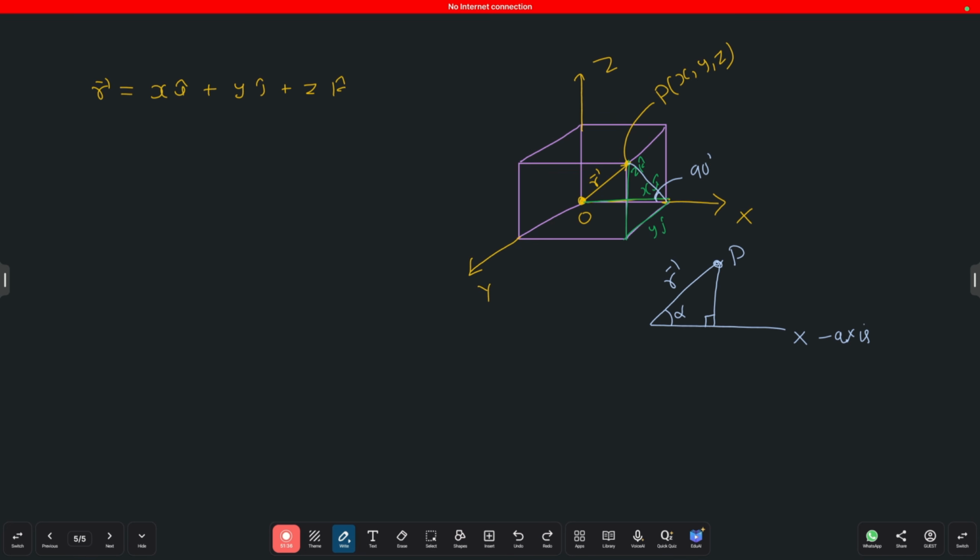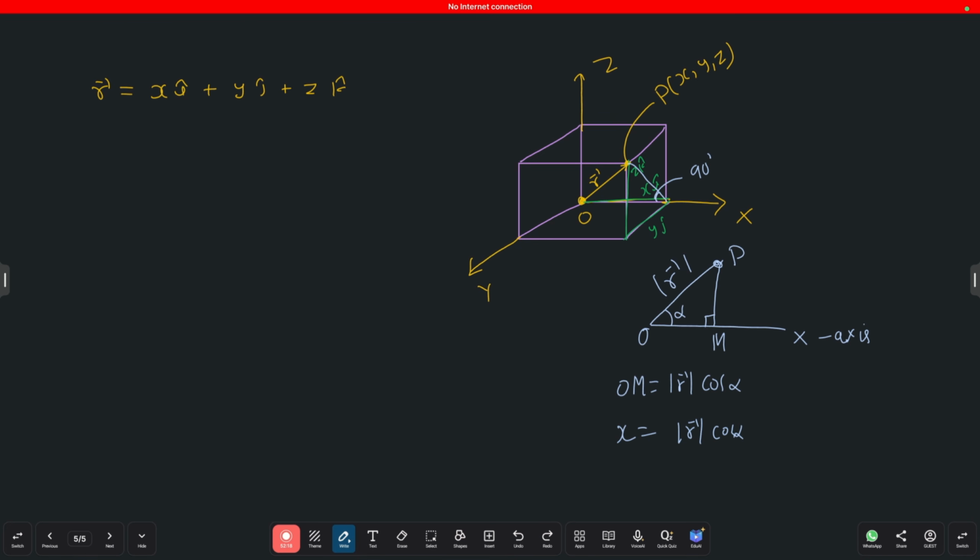Then let's suppose OM is again the projection of r vector on the x-axis. How do we find the projection? The length of r vector is mod r, so OM is mod r cos alpha, and OM means x steps. So x is mod r cos alpha.